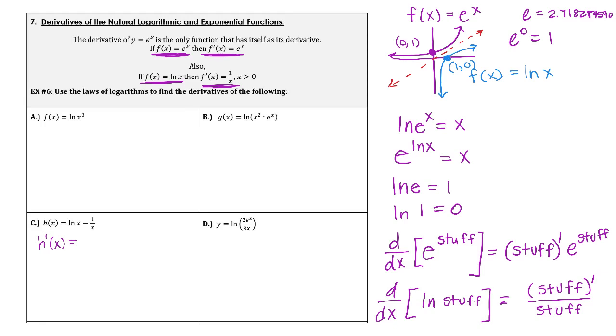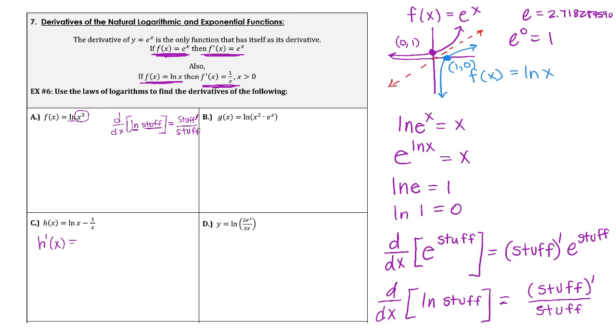All right, so over here, we know that the derivative of the natural log of stuff, we just said, was stuff prime over stuff. What is the stuff in this problem? It's x cubed, absolutely. Notice natural log of stuff. Right there it is, right? We found it.